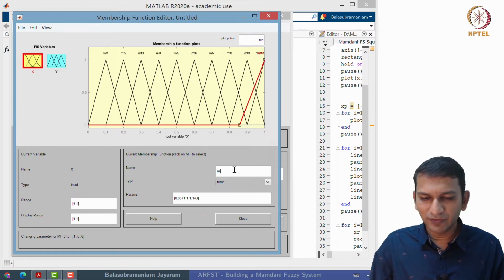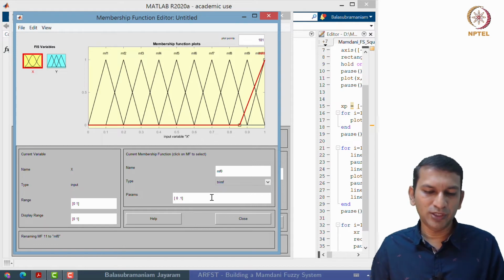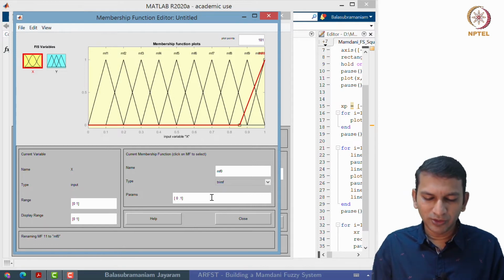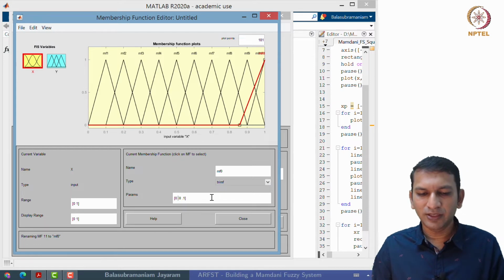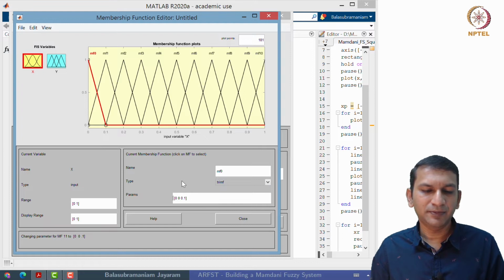So let's call this MF0, and once again we want to place it at 0. The right endpoint of the support is 0.1. Since we cannot go below 0, let's saturate it at 0. So this is how we have actually made the fuzzy covering on the domain X, which is the 0 to 1 interval.